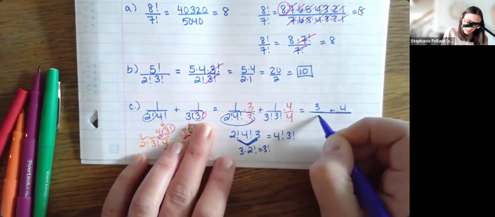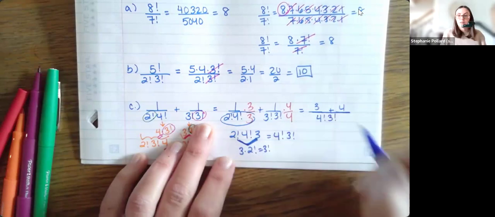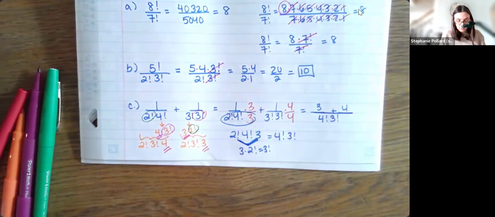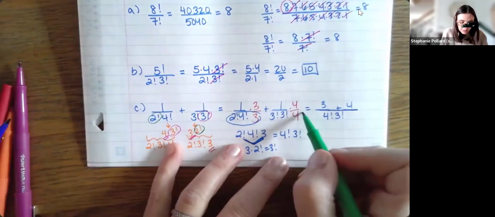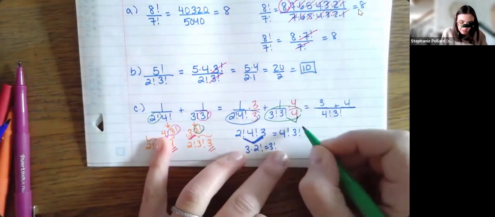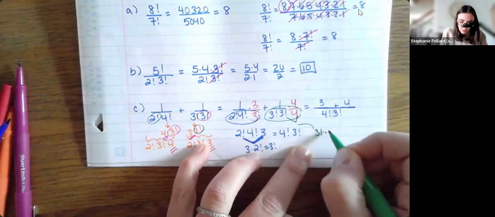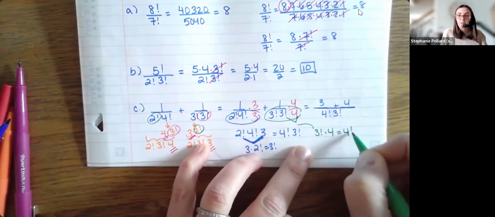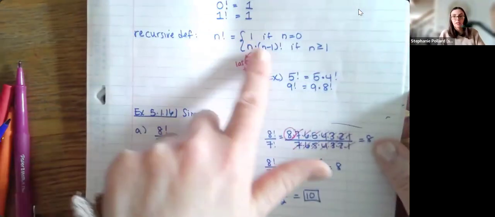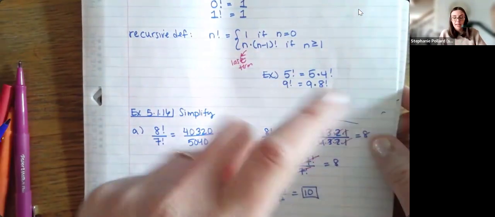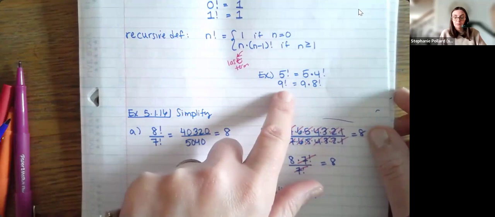So I'm able to simplify that denominator into 4 factorial times 3 factorial. You can see it here as well. If I have a 3 factorial times a 4, I can put those back together as 4 factorial. So I'm using that recursion answer backwards.